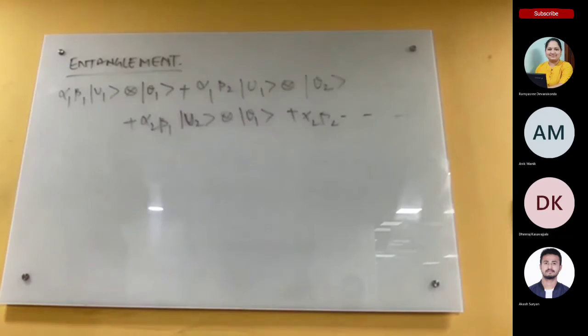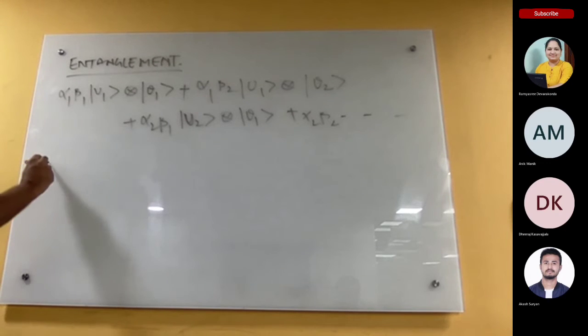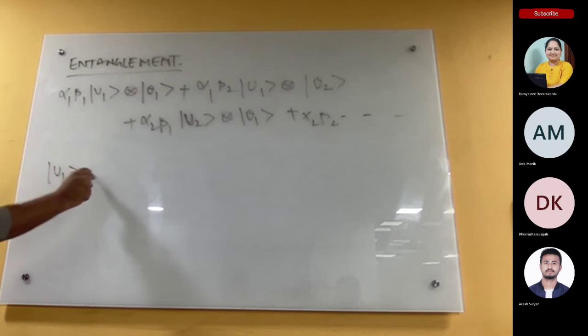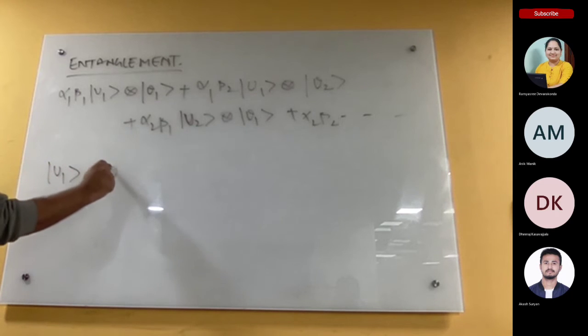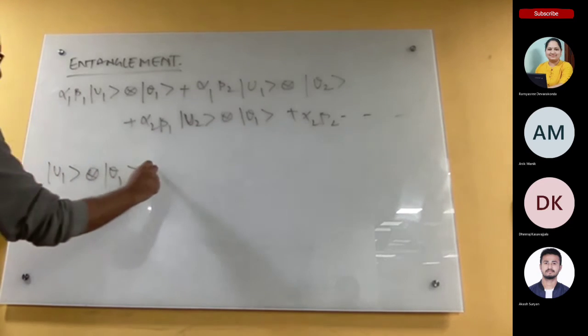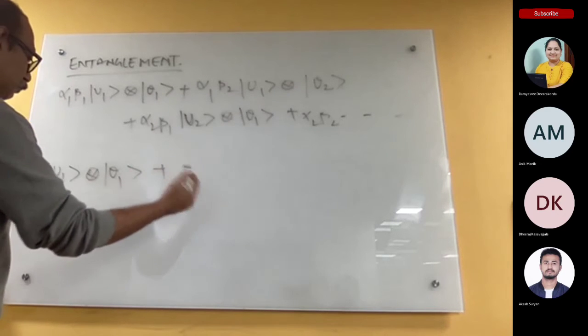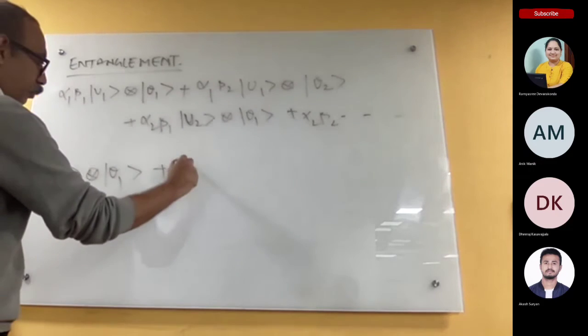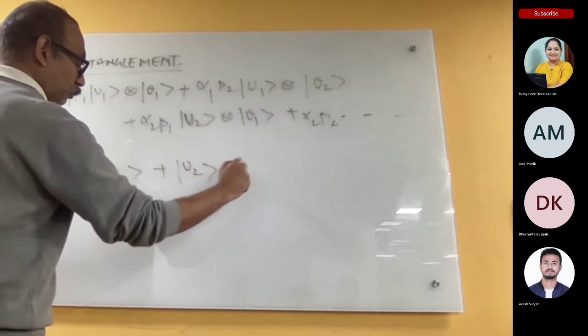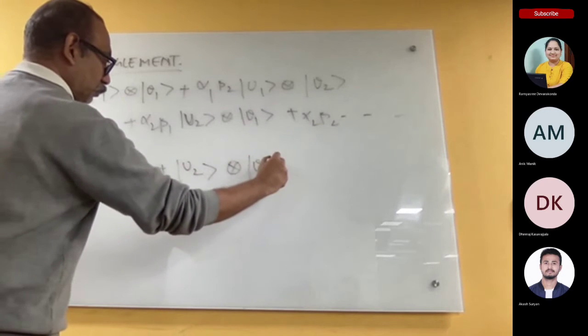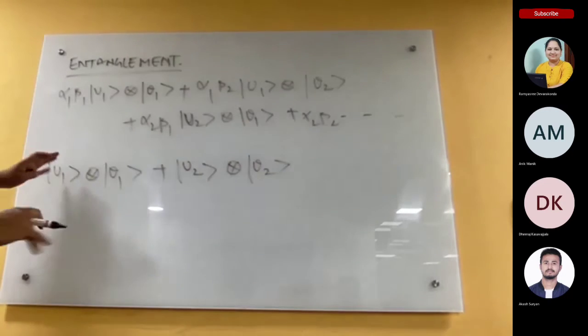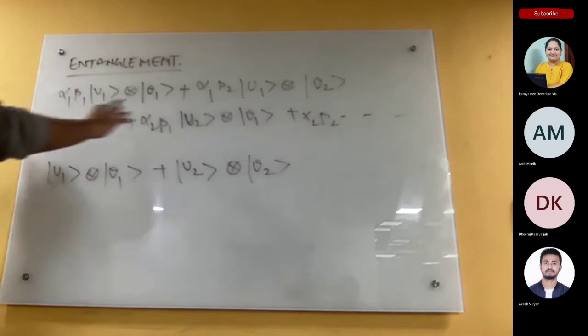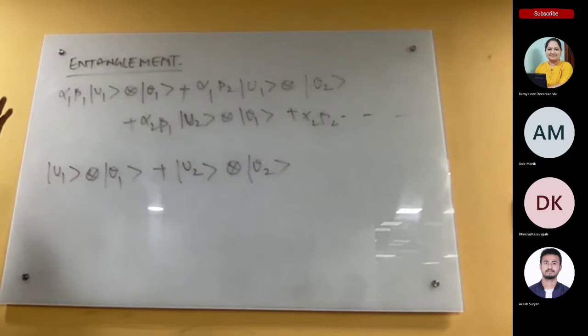Now let us say there is a real state of some particle, which is just U1 V1 plus U2 V2. Let us say this is the state of a particle. Actually, this is the most general state. For this to happen, what should happen out of this?